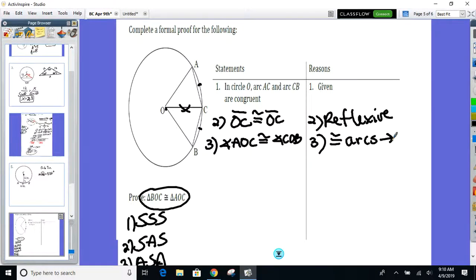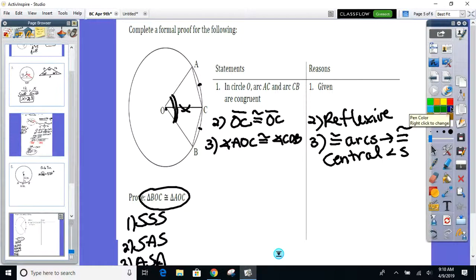Congruent central angles. There you go. That's how we write it. Tell me what you're given, and that implies what you just wrote. Nice. I got a reflexive side and a couple angles there. Hi, Maggie. AO congruent to OB. There we go.